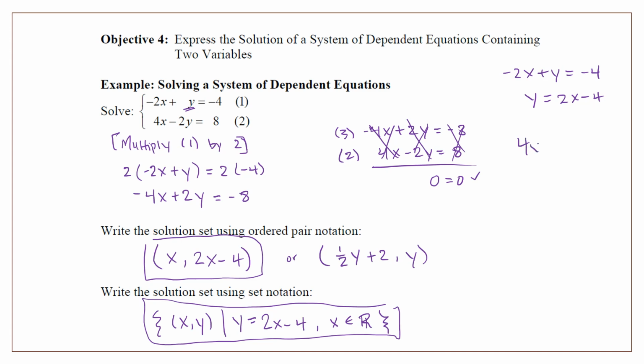So we have 4x minus 2y equals 8. So minus 2y equals minus 4x plus 8. Divide everything by negative 2. We'll get y equals 2x minus 4, which is the same thing that we got when we wrote our first equation in slope-intercept form. Okay, so it's just another way to prove that both of these equations are the same.